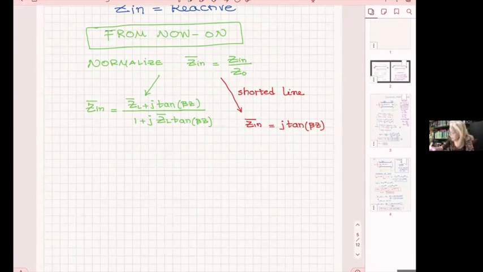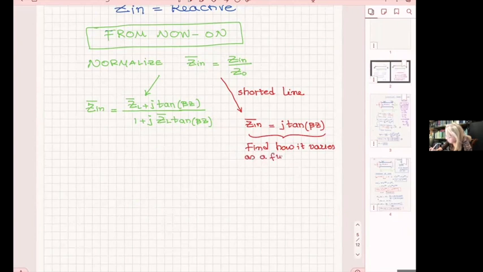So let me here try to take this expression and try to see how it varies, find how it varies as a function of Z. Okay, so here I'm doing the following.